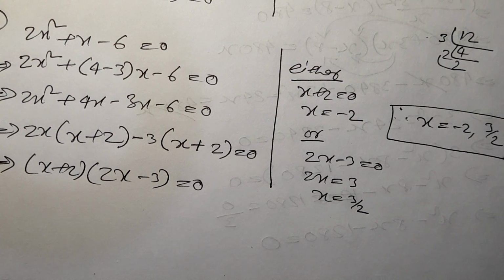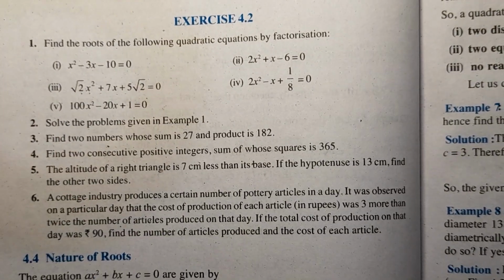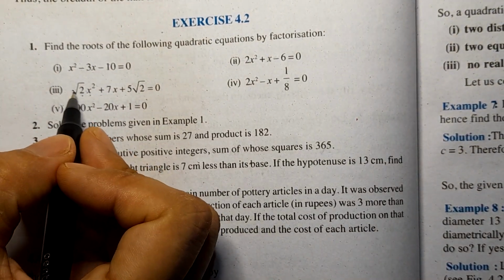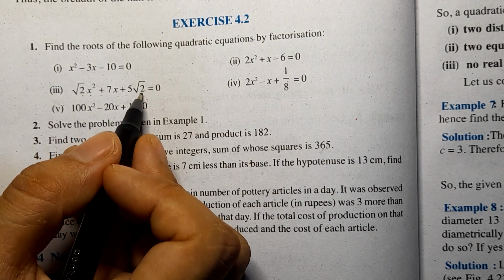Next question, Roman number 3. Roman number 3 is a little bit complicated. Here it is given in the form of square root: √2 x² + 7x + 5√2 = 0.